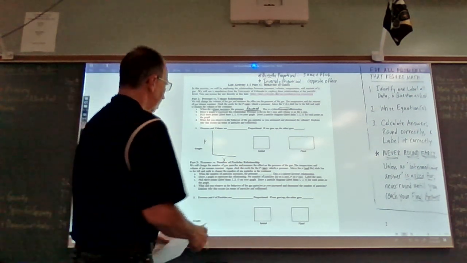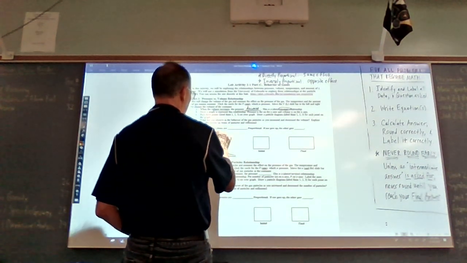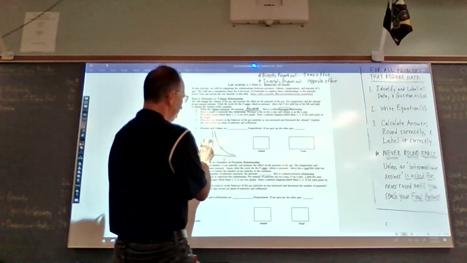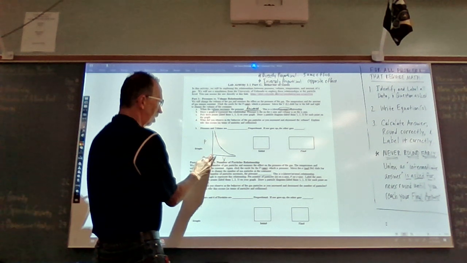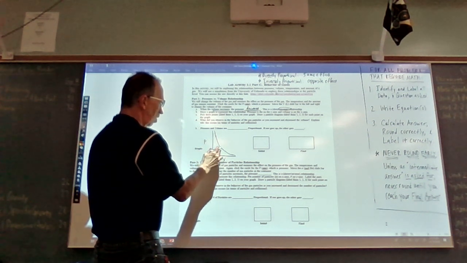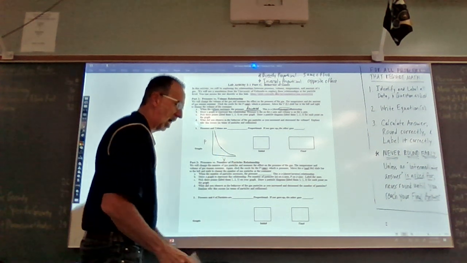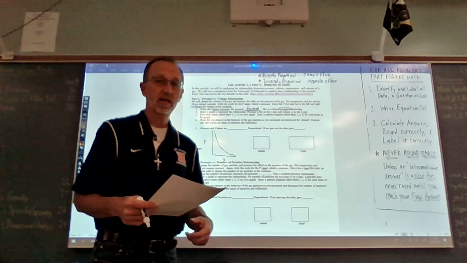All right, it's a hyperbola, like so. So as you have various points on here, see up here, pressure is high, volume low. Pressure has gotten lower, volume higher. Pressure even lower, volume even higher.